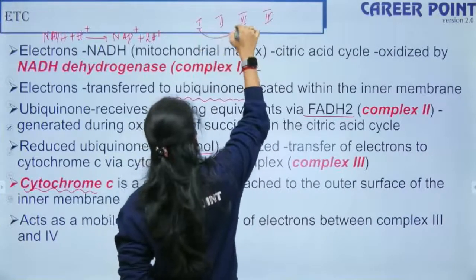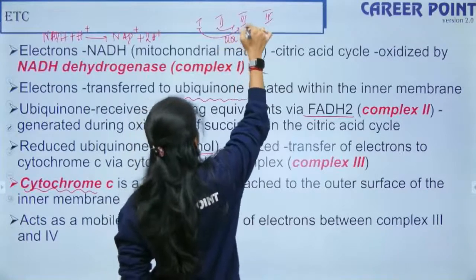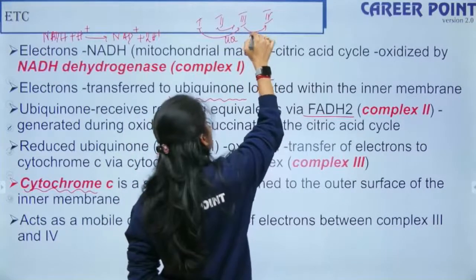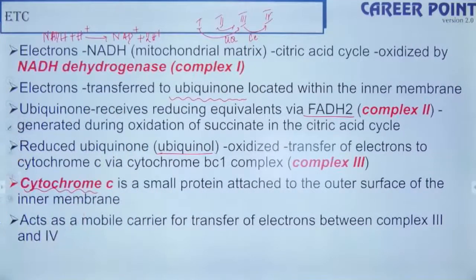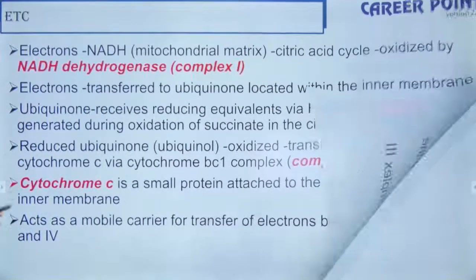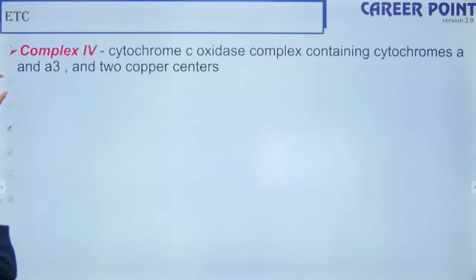From here to here and from here to here you have ubiquinone. From here to here you have the cytochrome C carrier. So that is all that makes sense here. Fine. Is it not simple? So we go to the next part. Complex 4, that is your cytochrome C oxidase, is a complex containing cytochrome a and a3 and copper centers.